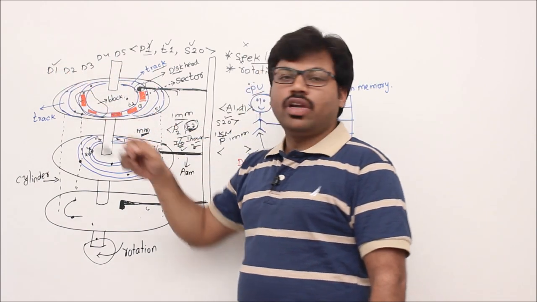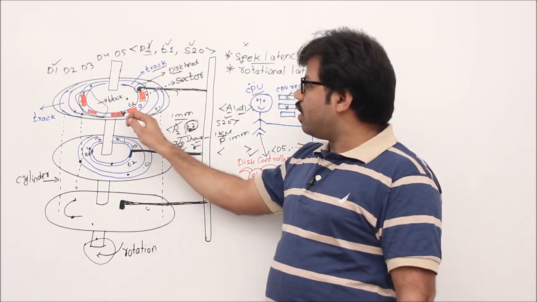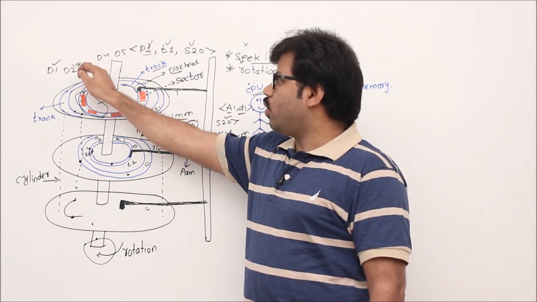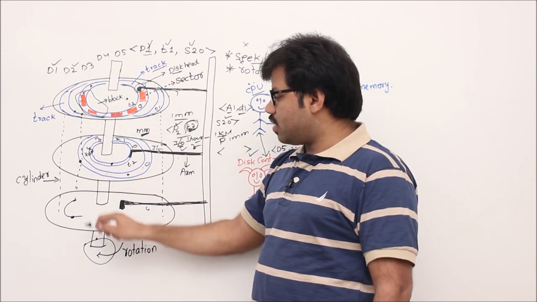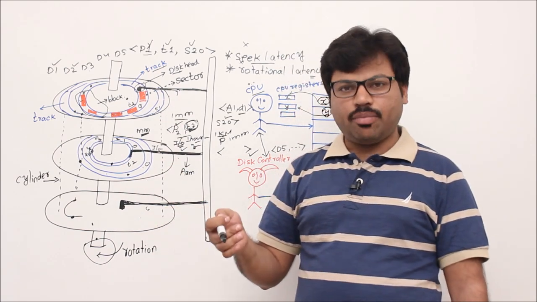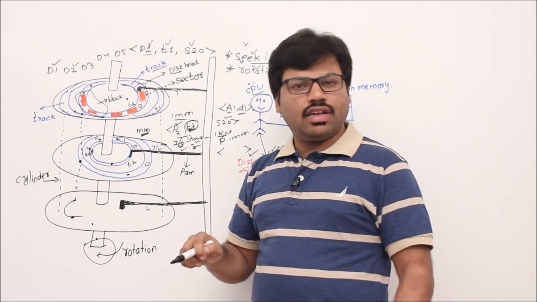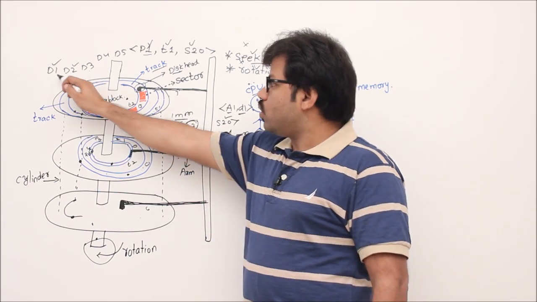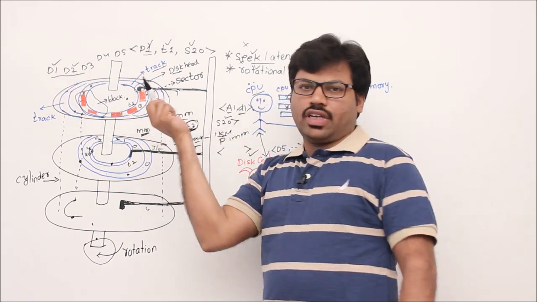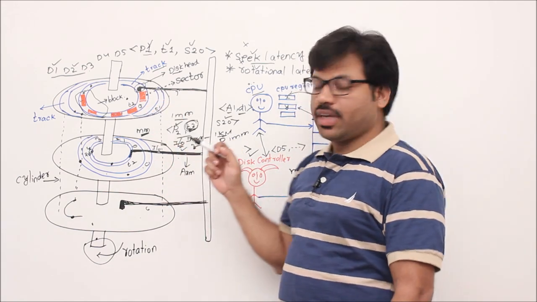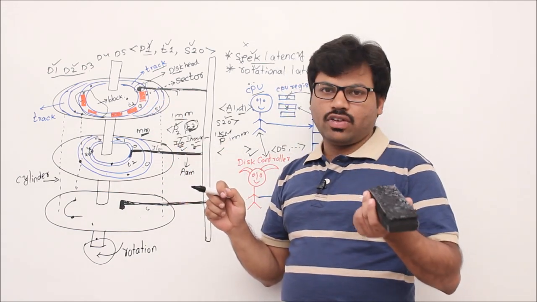If you store data number 1 in this plate, data number 2 in this plate, after that data number 3 in this plate, then every time there will be seek latency and rotational latency. Rather than that, if you store all your data consecutively in one track, we can save a lot of time.